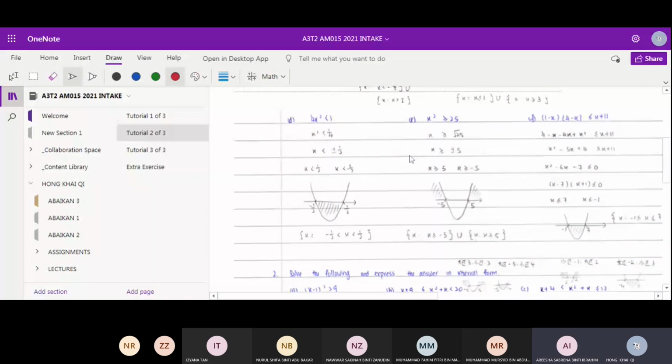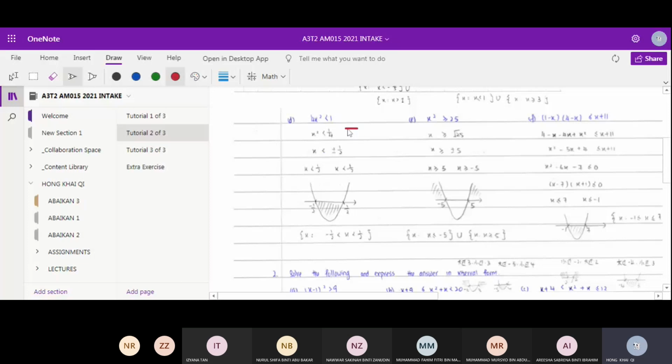So the question D, 4x squared less than 1. You change the 4 multiplication into division, so x squared less than 1 over 4. So the square here becomes square root, and the answer is x less than plus minus 1 over 2.